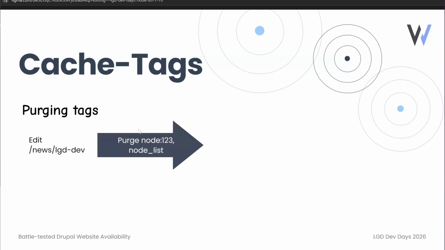At first these are sent to the CDN with the page response, and then when it comes to clearing the content, it will clear the list of tags. We say clear that node, and we clear the list of nodes, and then all of the content that includes that piece of content will also be invalidated, and you won't see any stale content.